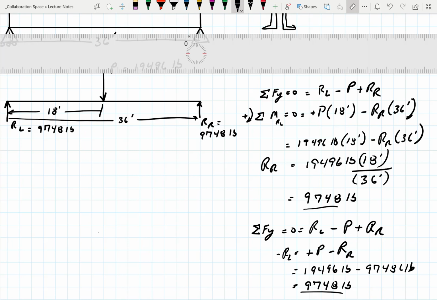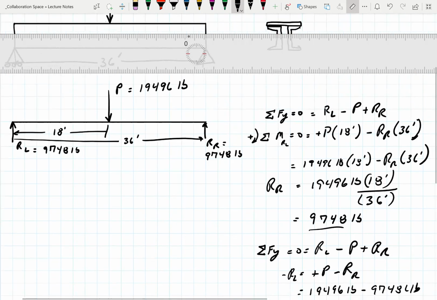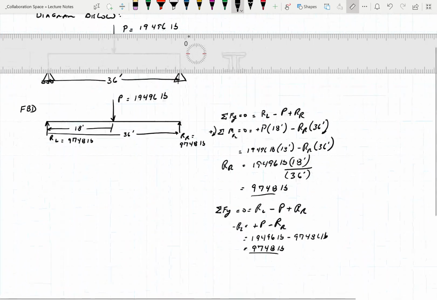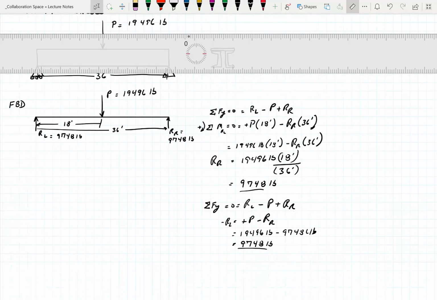Everybody good? Remember the statics for that? Yeah. Cool. Well, maybe you don't need it.